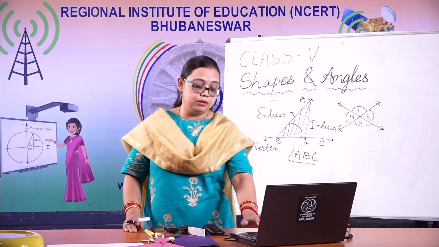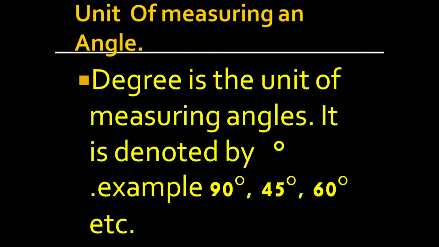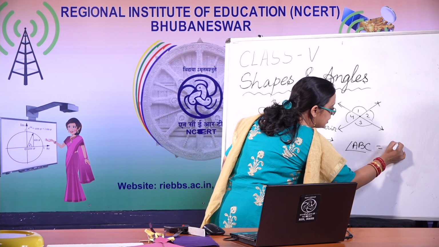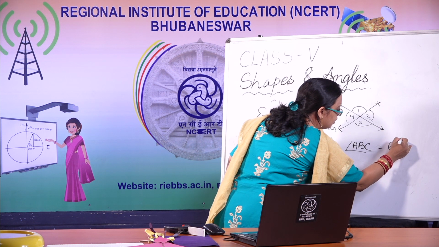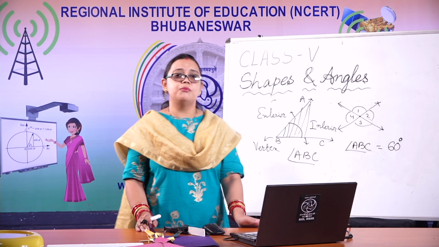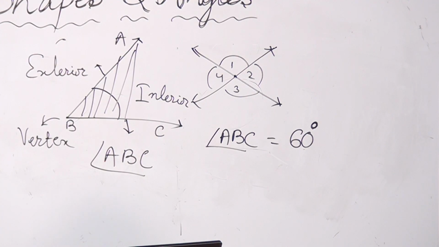The unit used to measure an angle is called degree. It is denoted by a symbol. Say here ABC is of 60 degree. We write it little above and this symbol is the degree symbol.